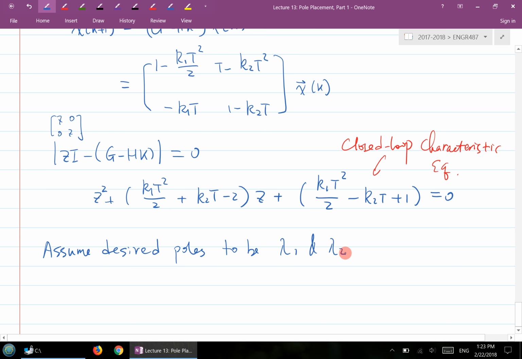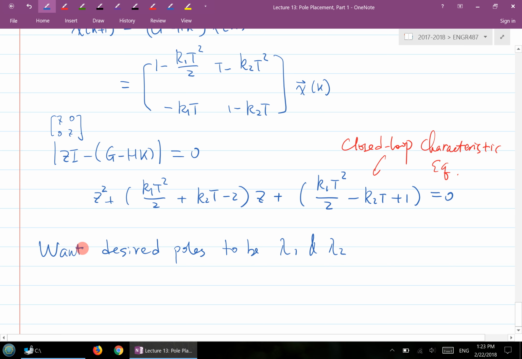How these lambda 1, lambda 2 are coming from are purely based on maybe certain overshoot, certain sampling time, right? That type of requirements. So I'm going to keep it general for this one here. Let's say we want the desired poles to be lambda 1 and lambda 2.